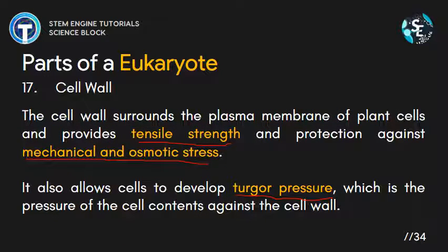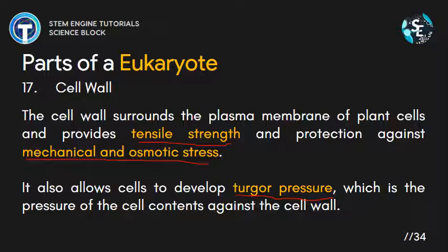And lastly, another plant cell unique feature is the cell wall. The cell wall is made up of polysaccharides such as cellulose, starch, and amylopectin, and it surrounds the plasma membrane of plant cells. It provides tensile strength and protection against mechanical and osmotic stress.